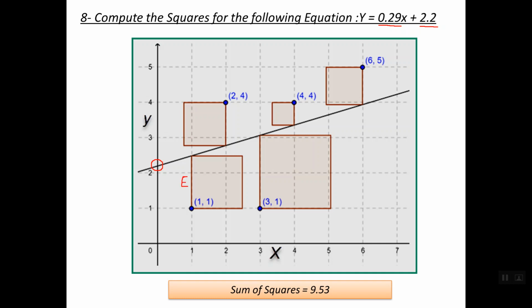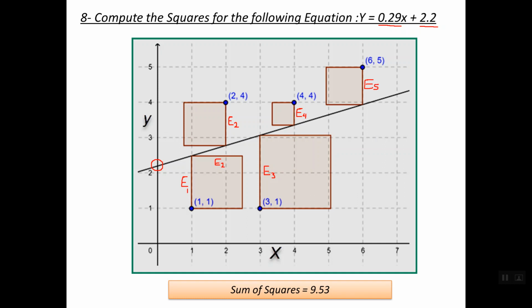So this is the new value of E1. E1 squared is simply the area of this square, and this is the value of the error for the second point. This is the error for the third point, this is the error for the fourth point, and this is the fifth error.